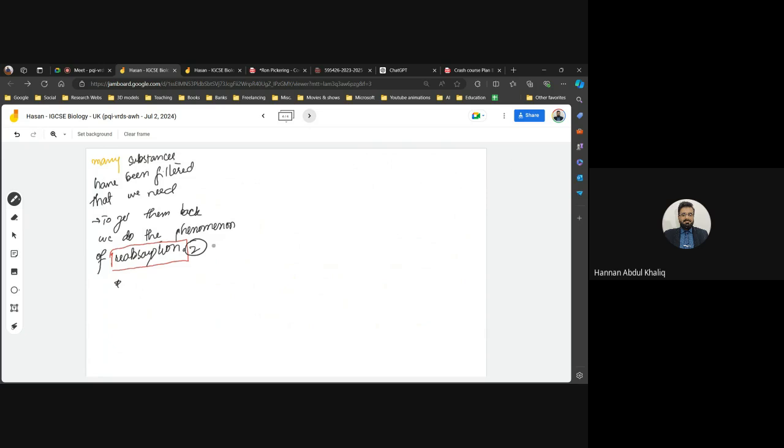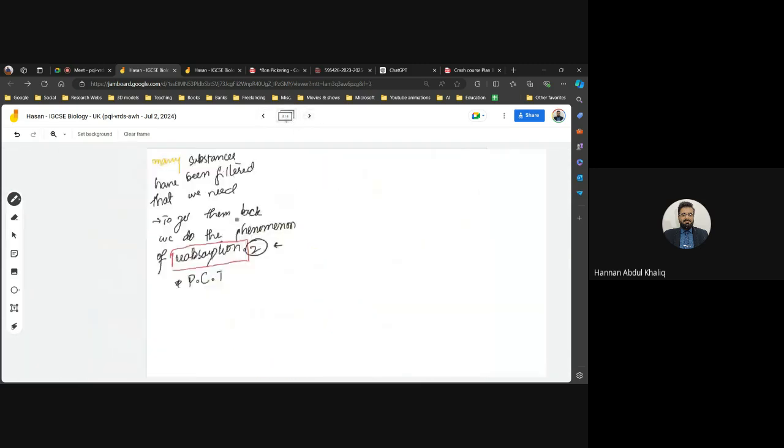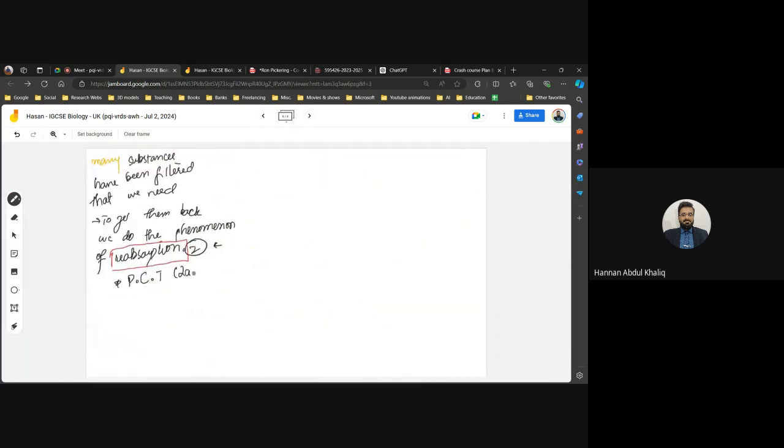Why did I write 2 here? This is the second step to be occurring inside the nephron. The reabsorption occurs in the proximal convoluted tubule. Basically, what I mentioned over here is 2A. What things are going to be reabsorbed? The glucose. The glucose is 100% reabsorbed. Amino acids are also 100% reabsorbed.